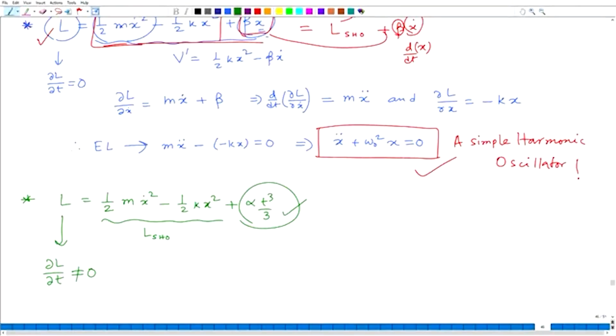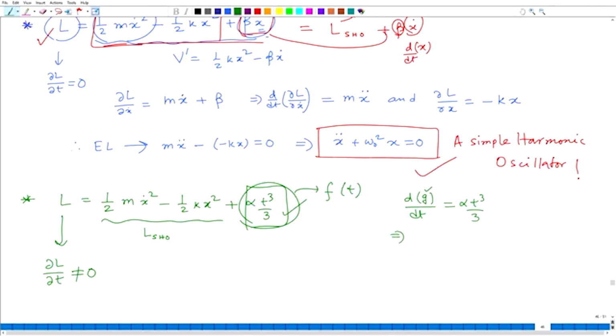Okay. However, if you are smart enough, you will say, well, look, give me 1 second, I will re-look at this part. What is this? This is a function of t only. I can say, okay, do I know G such that dG/dt is equal to alpha t cube by 3?